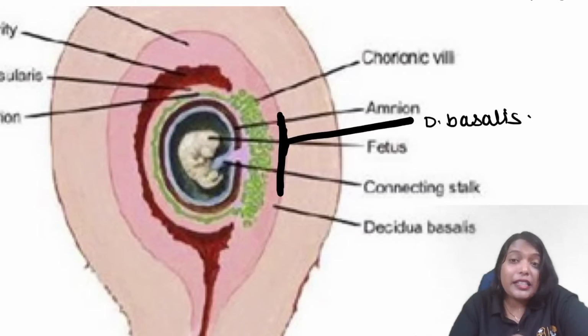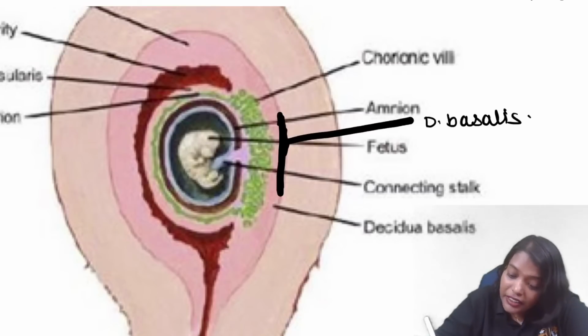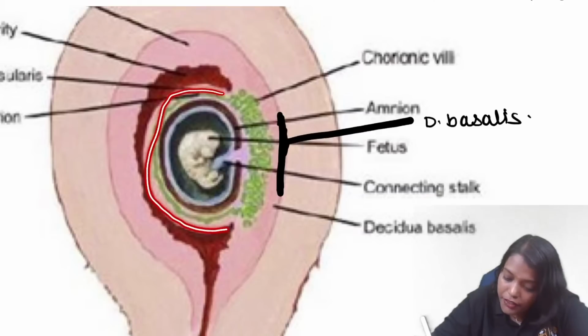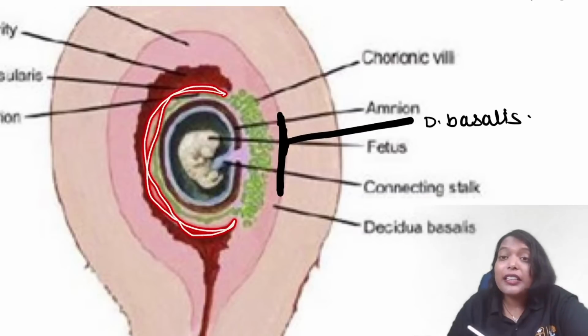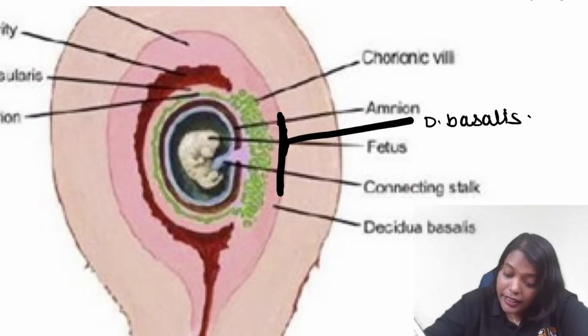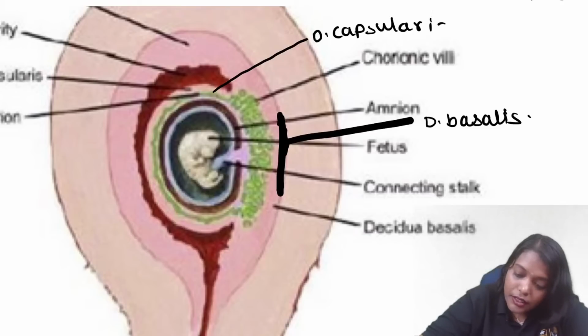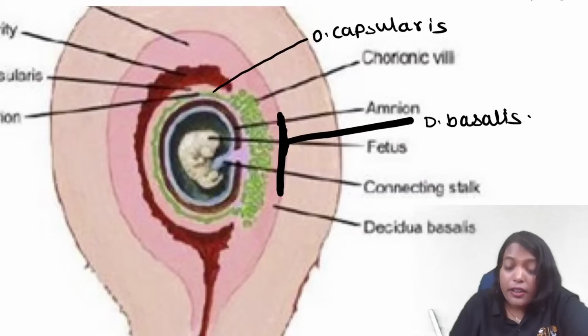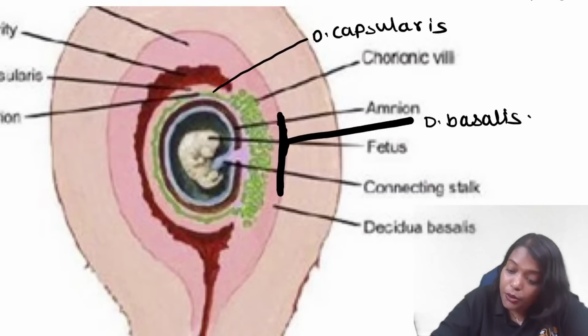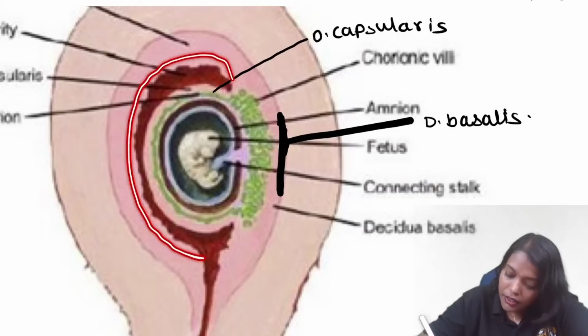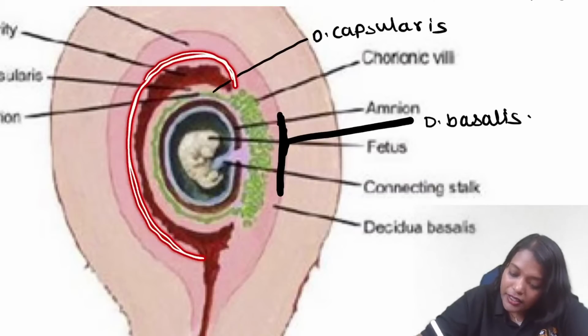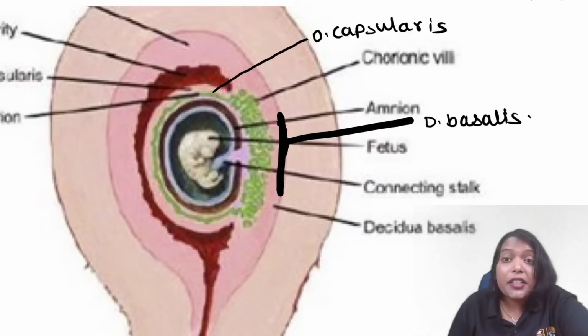The part of the decidua which is covering the fetus is called decidua capsularis. And the part of the decidua which is covering the rest of the uterine cavity is called decidua parietalis.